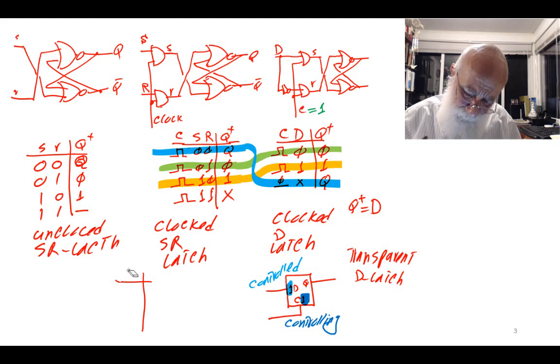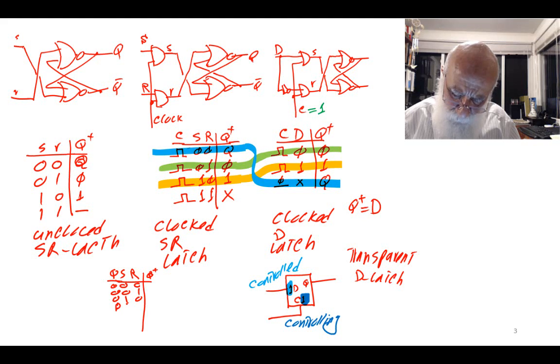S, R, Q, Q plus. For 0 0 0, Q plus is 0. 0 0 1 is set.